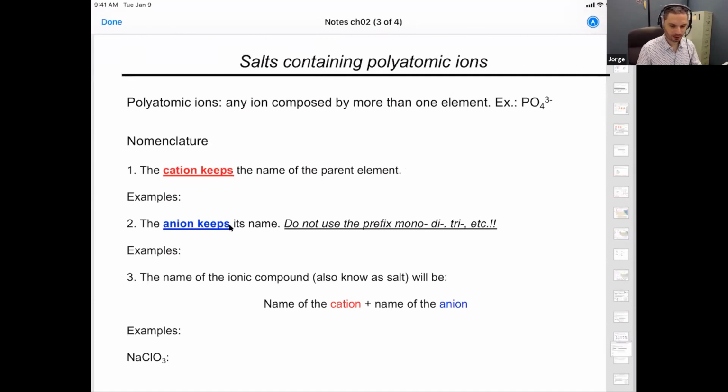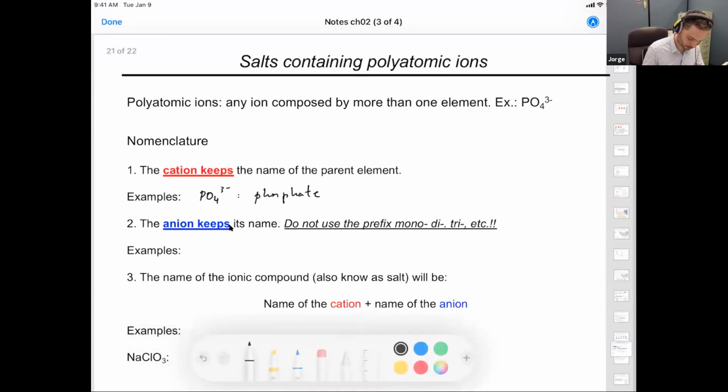The cation keeps the name of the parent element, and the anion keeps its name. So for example here, let's work with the phosphate. If we have PO4 3-, that's going to be phosphate.